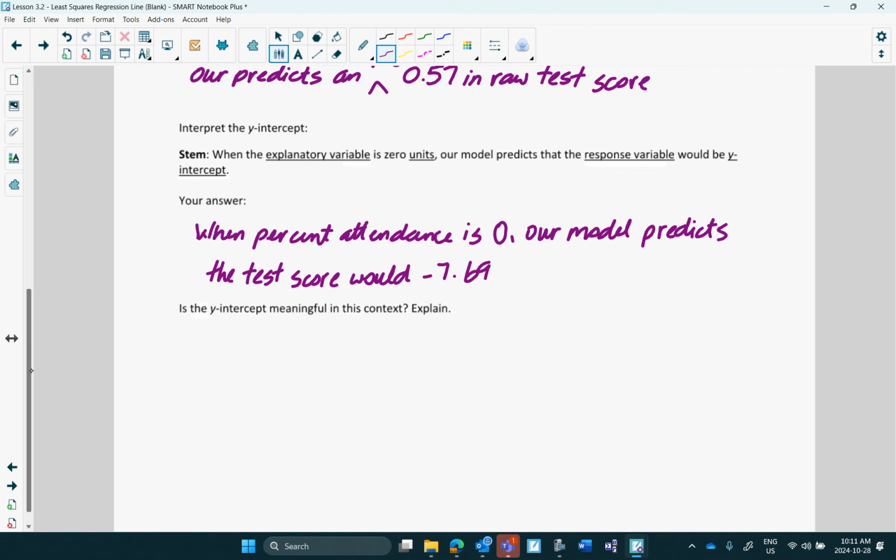So in this context, no, you can't have a negative score. Sometimes the y-intercept will have meaning, sometimes it won't. Okay? In this case, it doesn't.